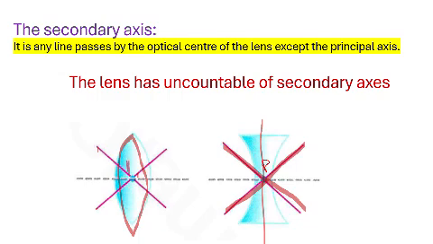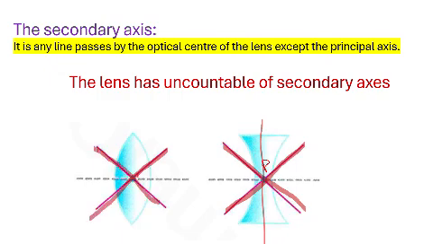Any straight line that passes through the optical center of the lens is called a secondary axis, and by the way, any straight line except the principal axis.